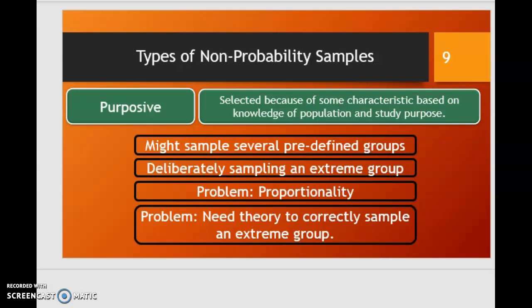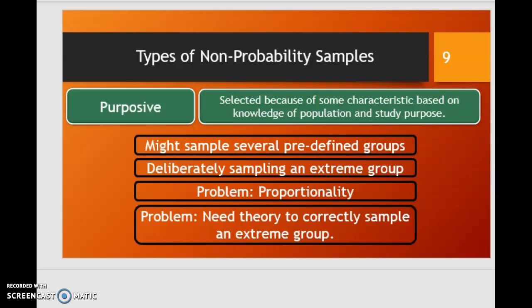And so you would have to define what the group is, and you would have to deliberately sample those group of people. And so there's a deliberateness to it, and there is a focus on pre-defined groups.